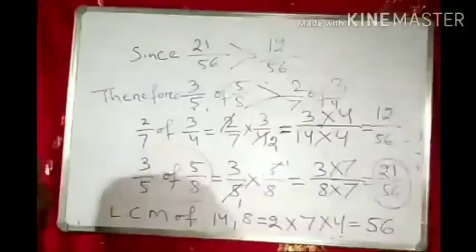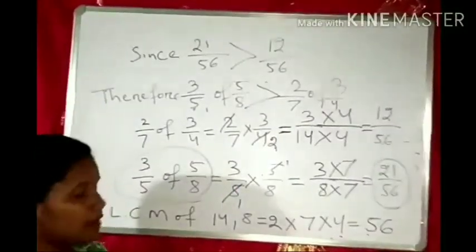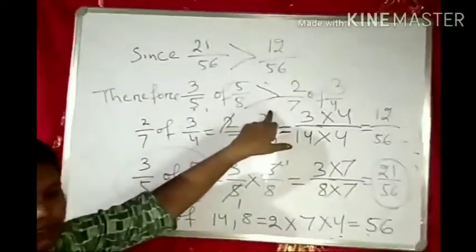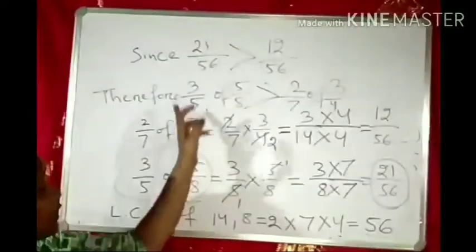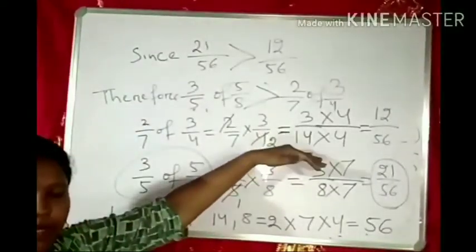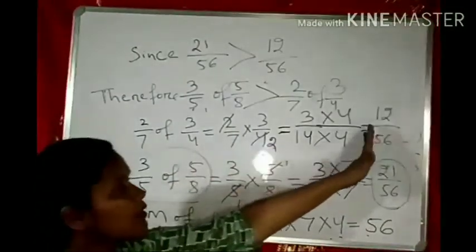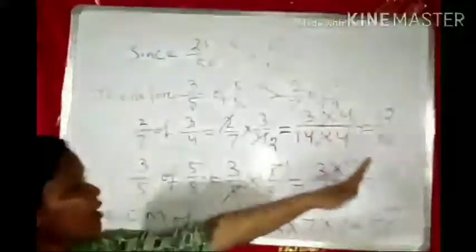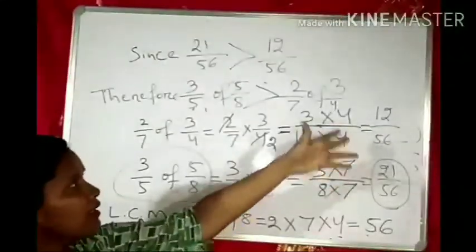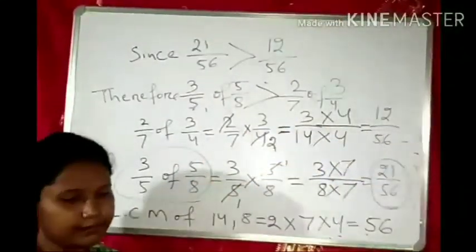So you have to do the other one, the next one, like this. You have to multiply for finding the answer, then convert it into a like fraction. After that you can know which one is greater and you can write like this.